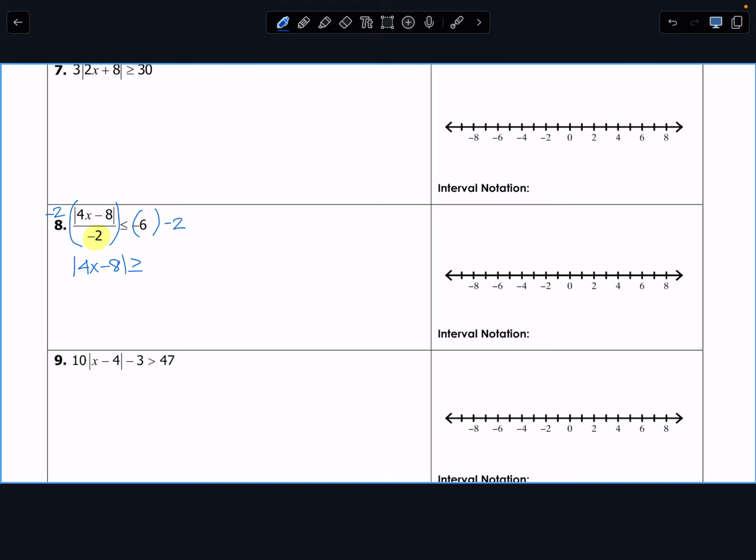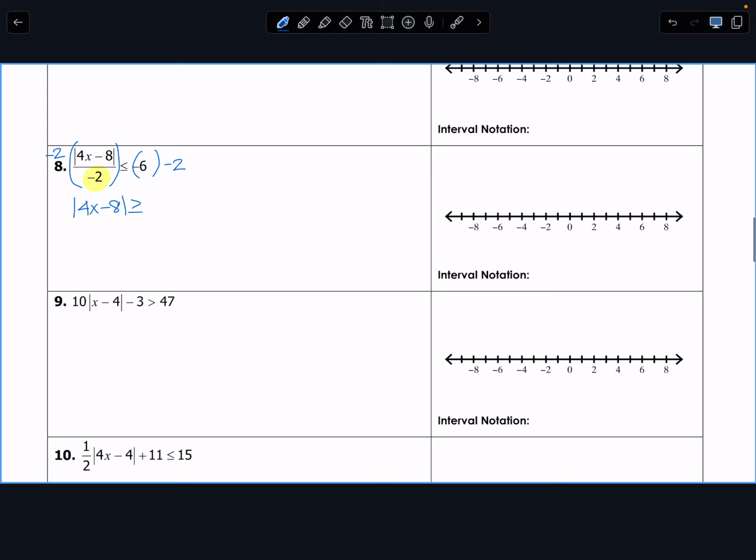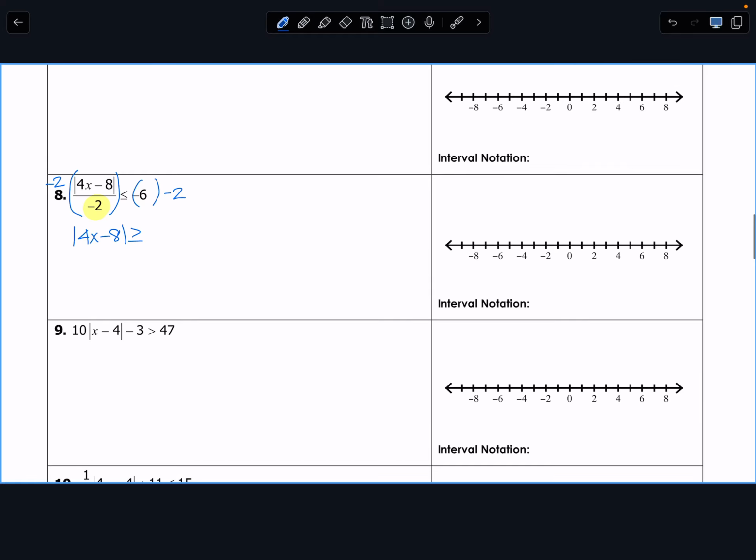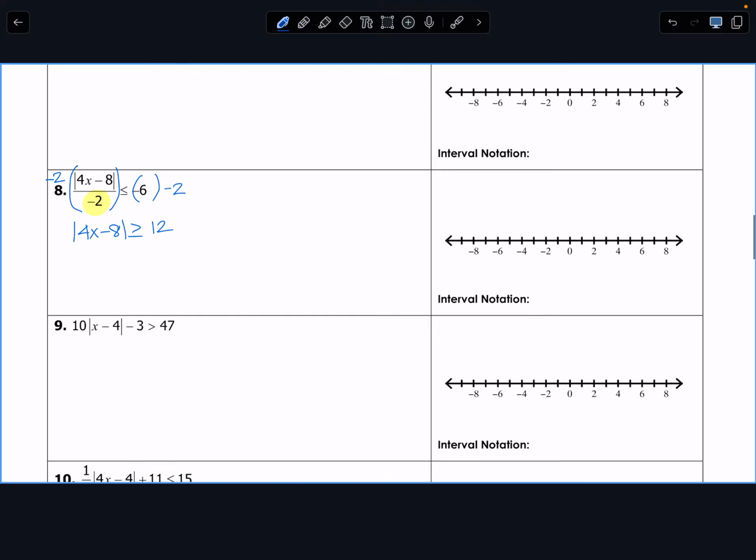Two greater than. Oh, I did 8. You should have stopped me. It's okay. We'll do 8. I guess I'm doing more now. Okay, so 4x minus 8 bigger than or equal to 12, or a negative of 4x minus 8 is bigger than or equal to 12.